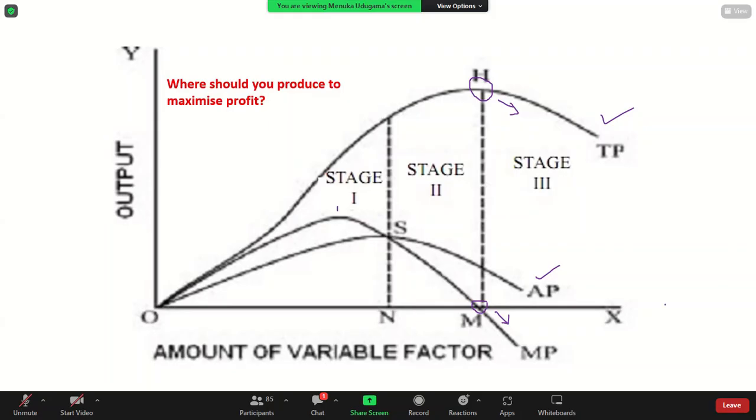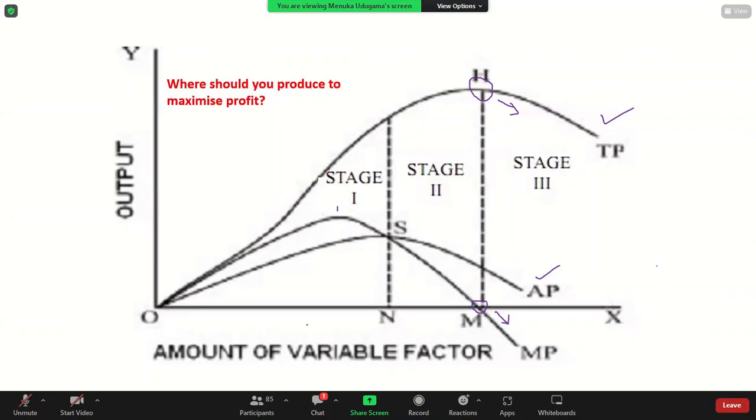So as economists or as managers or as business owners, we are interested in identifying where should you produce to maximize profit, right? So how do you find that point? Now, how do you maximize profit?